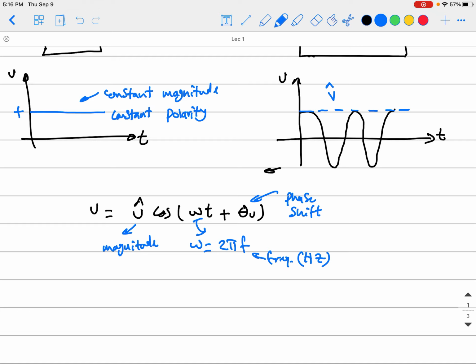okay? So for this angle, the phase shift equals 0 because the maximum of the cosine started at 0 in time. But if it is shifted, this maximum of the cosine is shifted in time, then you will be having a phase shift value of theta v. Okay, guys? And you know the idea, it is just the frequency f equals 1 over T. T capital is the period of the signal, because that's a periodic signal.